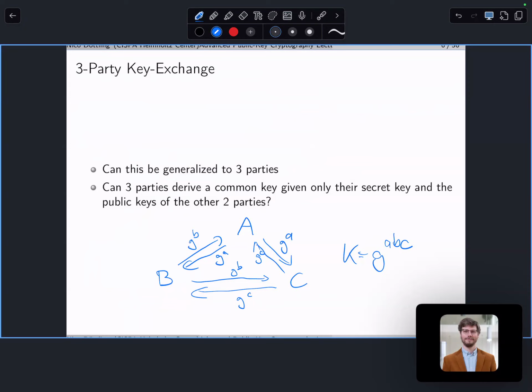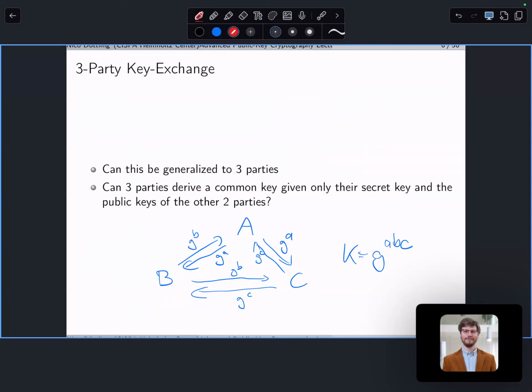The proper way to define such a key would be g to the abc. Other attempts, like taking any degree 2 polynomial, say g to the a plus b plus c, are not secure. Let's write this down.